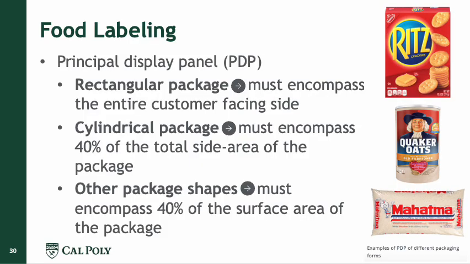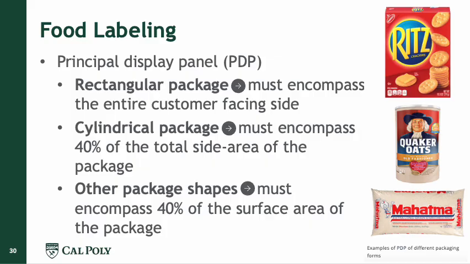In terms of food labeling, there are regulations, mainly by the FDA, the Food and Drug Administration. The FDA describes what we call a principal display panel, or PDP. The principal display panel is the part of the package that the consumer sees, the area that the consumer sees at first glance.